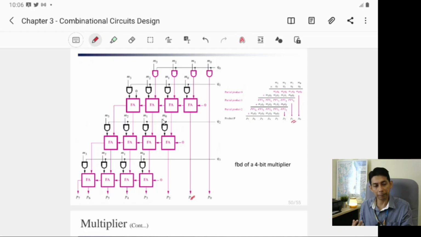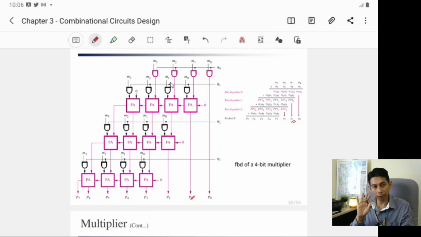That's why the multiplier is costly, very costly, because when you want to multiply a 4-bit number, 4 by 4, how many adders do you need to use? 4 by 3, you have 12 adders. 12 adders for a 4-bit number, and the result is 8-bit.